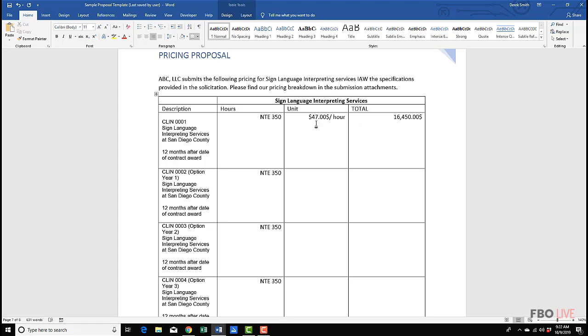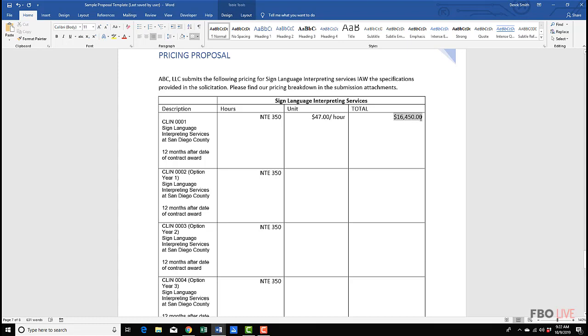I've got them in the back of the number instead of the front. Right, so at $47 an hour, you max out the not to exceed number at 350, so that puts you at $16,450 for the base year.